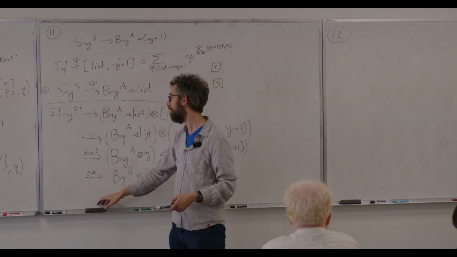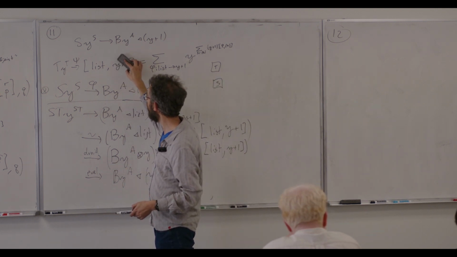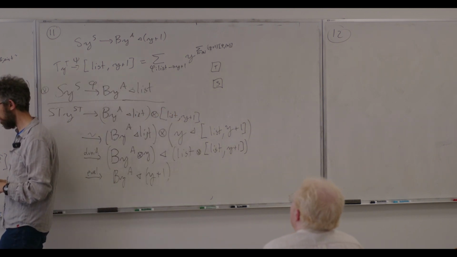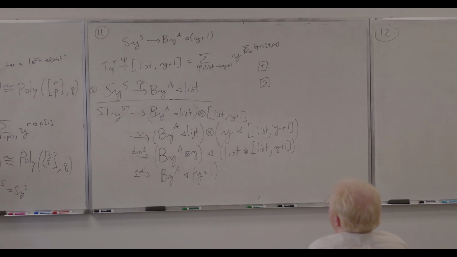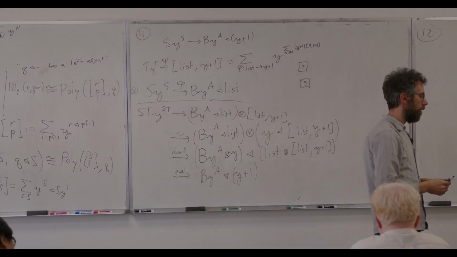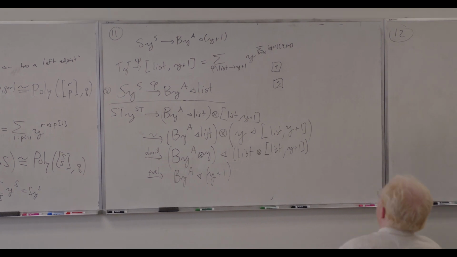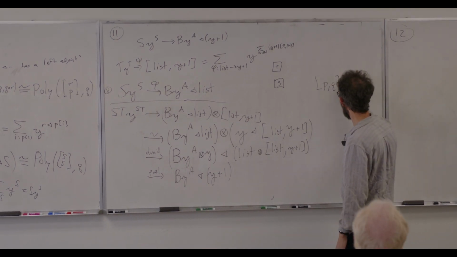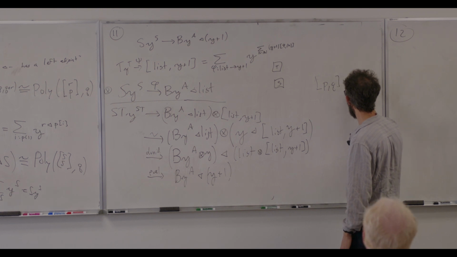Okay, but I'm still trying to grok here. So you've got this closure, this monoidal closure, this exponential object, and the positions are these sort of polymaps. A position is a polymap from list to y plus 1.